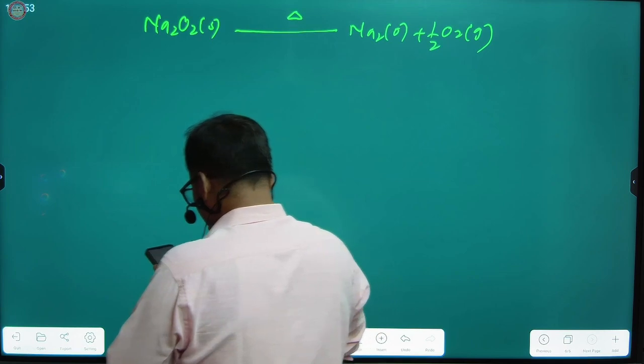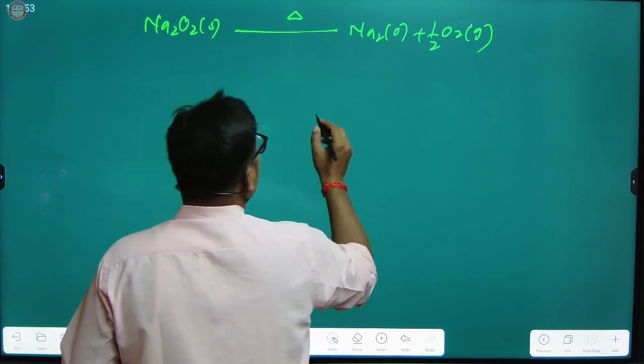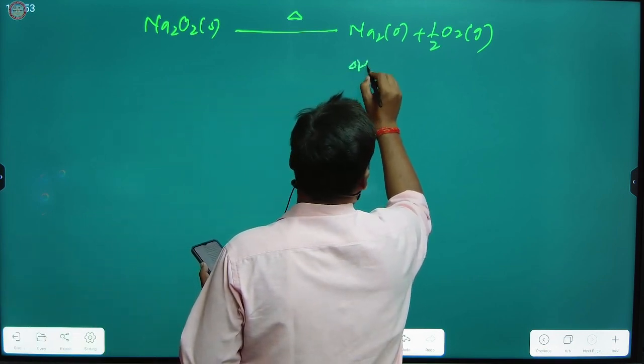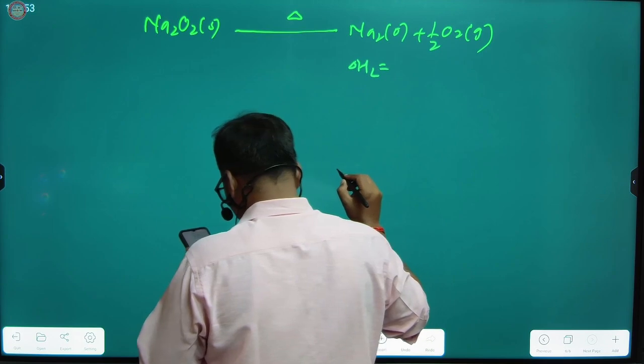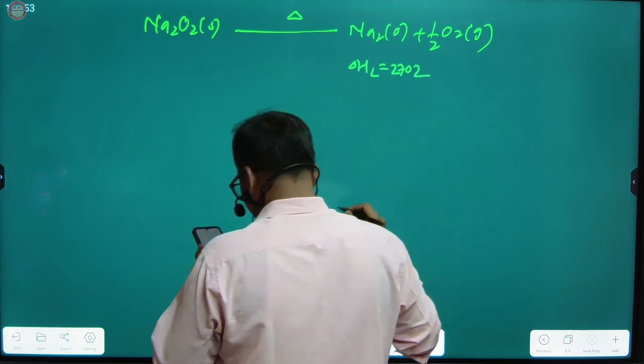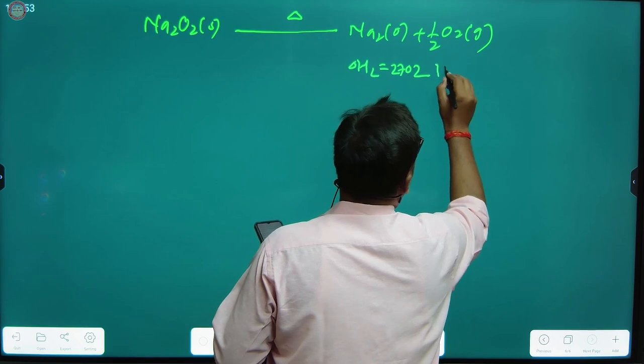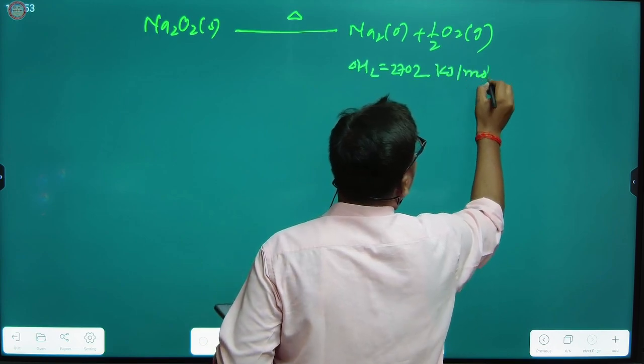In case of sodium monoxide, delta HL is equal to 2702 kilojoule per mole, right?